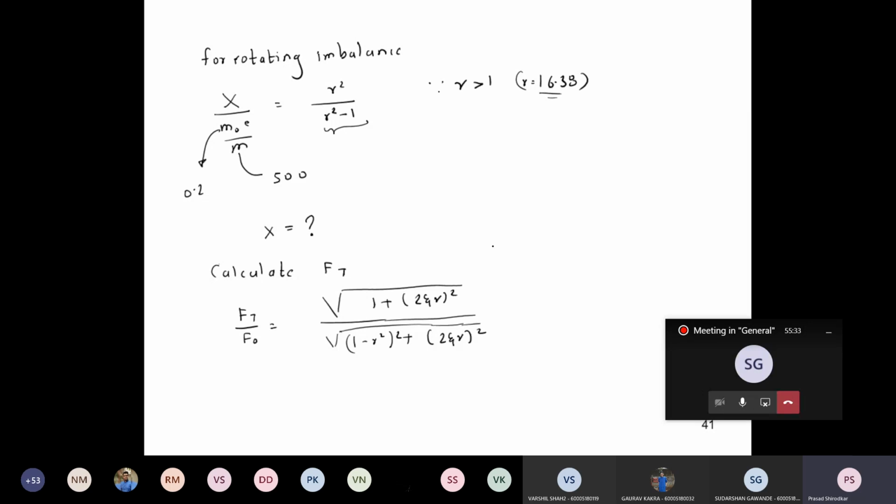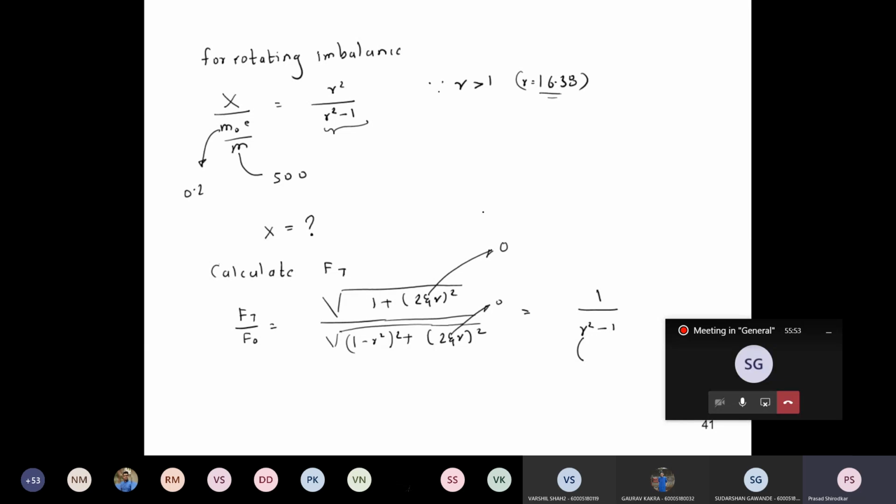Here zeta is 0, so this part goes and it reduces to 1 upon r square minus 1. Again it is not 1 minus r square, it will be r square minus 1.